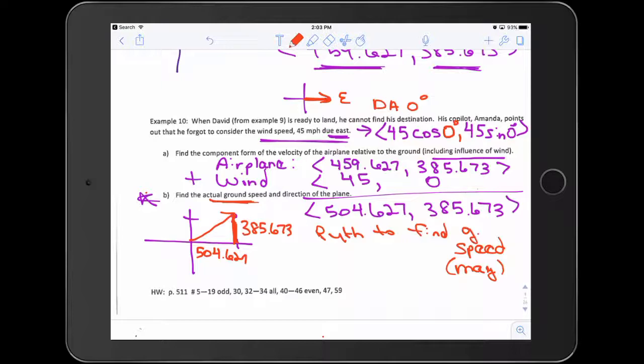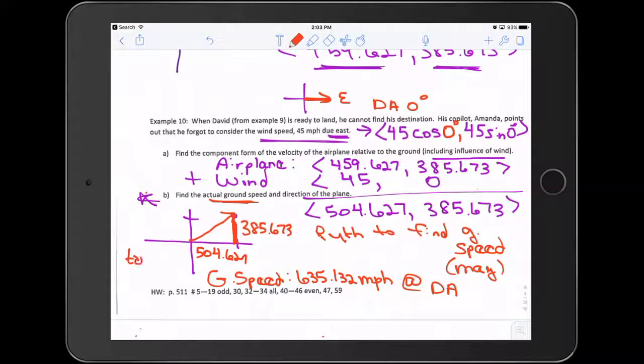And since the Pythagorean theorem, obviously we're all good with, I hope you can do that in your calculator pretty quickly, you'd find that your ground speed is 635.132 miles per hour at a directional angle, and this is where you use your tangent.